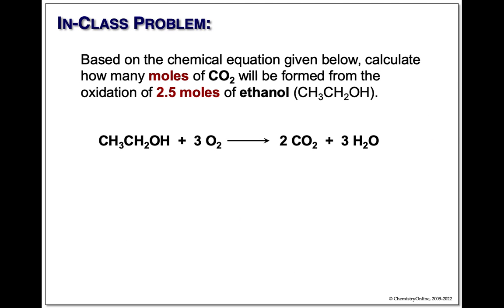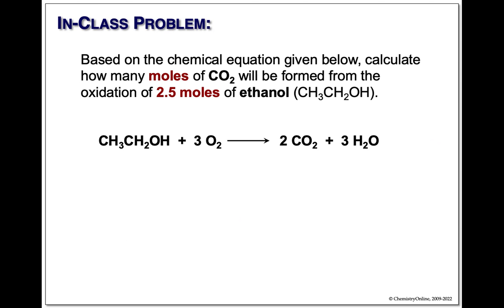Here we have ethanol, organic alcohol, reacting with oxygen to give CO2 and water. Now, this is a balanced equation. We have 1, 2, 3, 4, 5, 6 hydrogens, 6 hydrogens, 2 carbons, 2 carbons, and we have 1, 6, 7 oxygens. So 3 plus 4, 7.